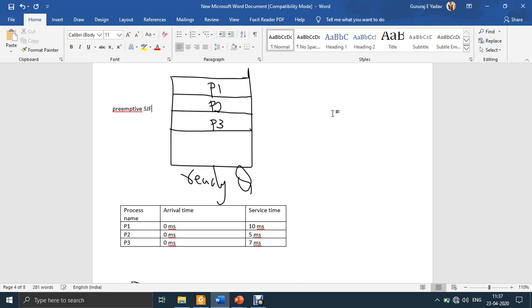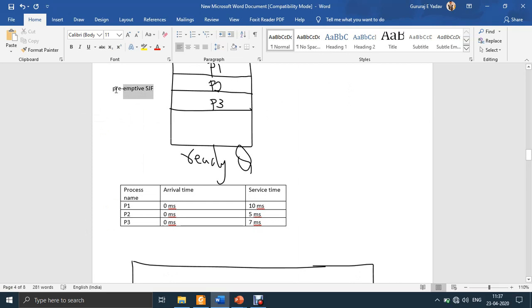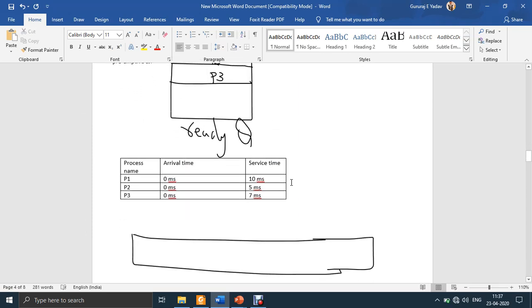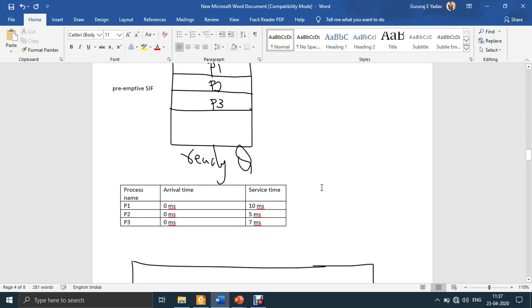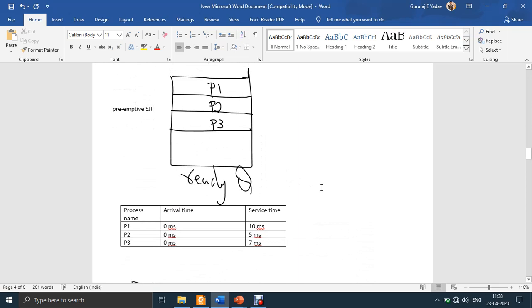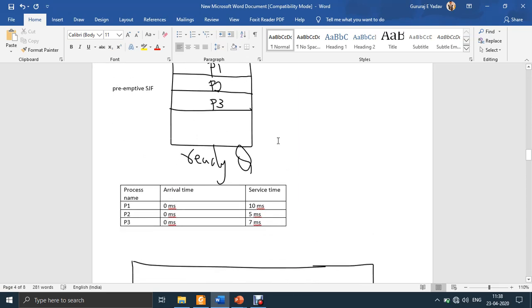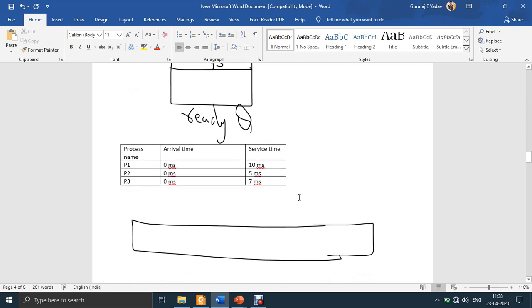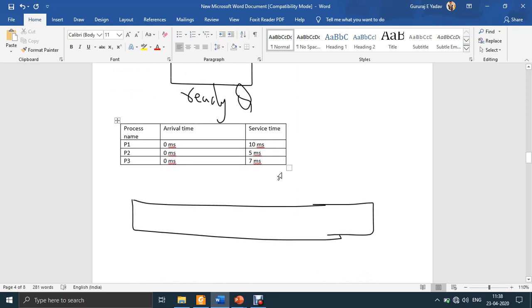According to this, you always give the chance to the process which has less completion time to complete itself first. That is the concept.